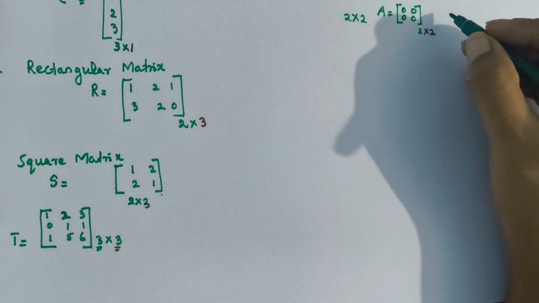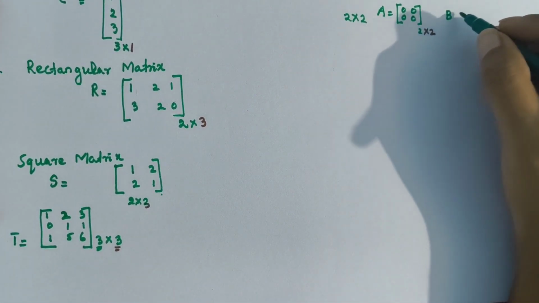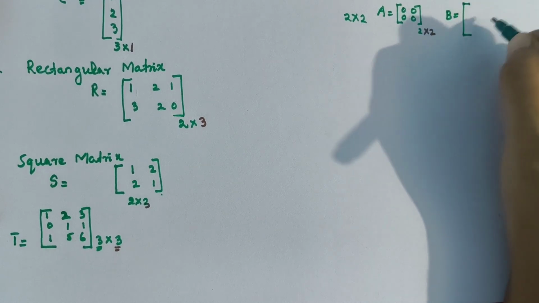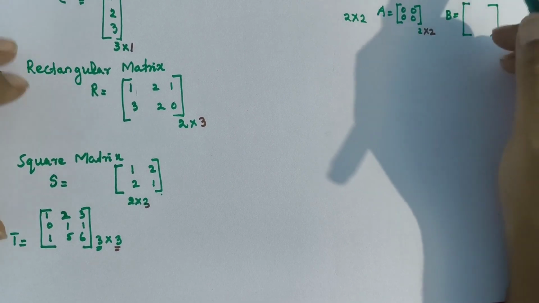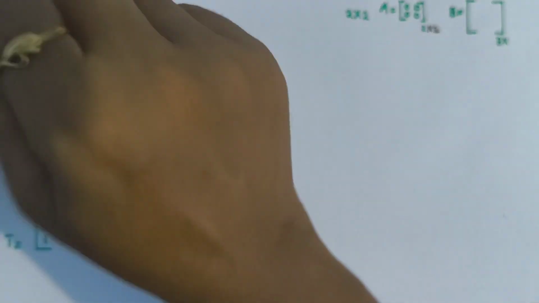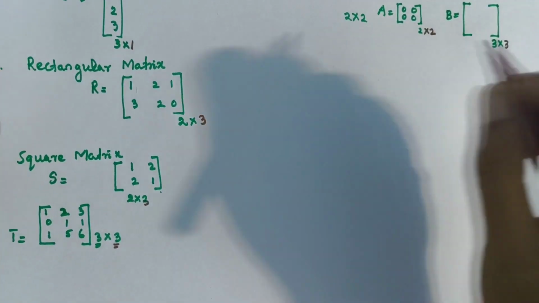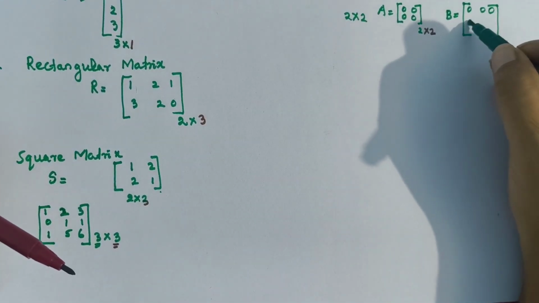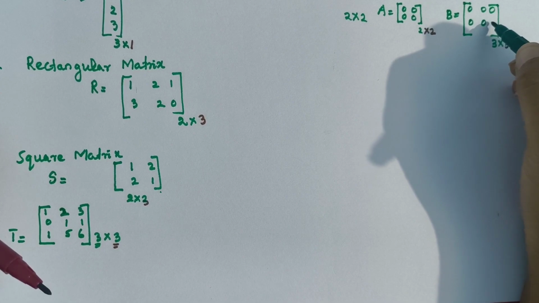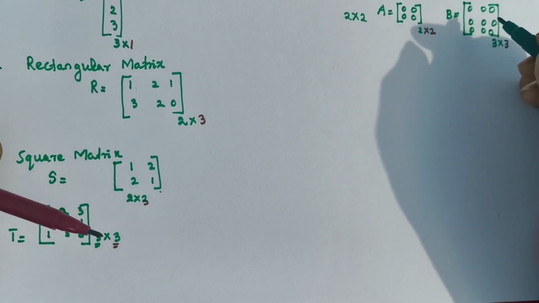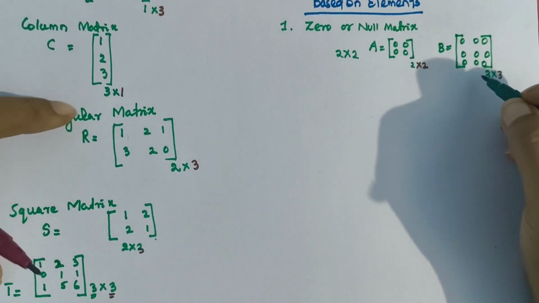If you have been asked to give a B matrix which is a 3 by 3 null matrix, that will have 3 rows and 3 columns full of zeros.